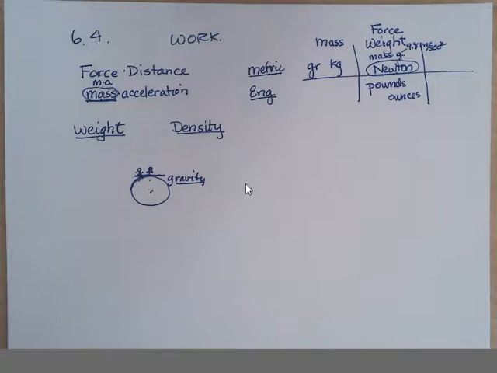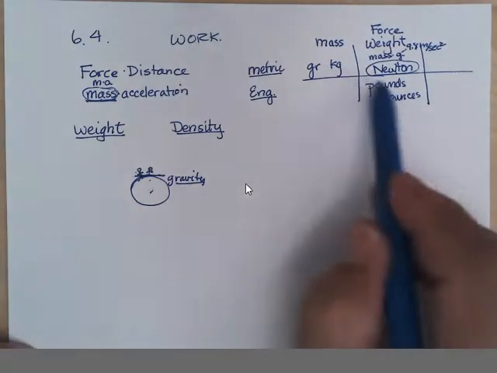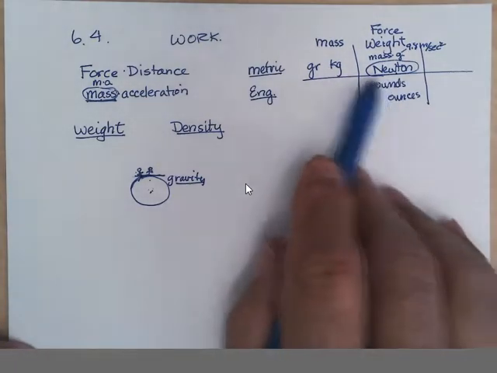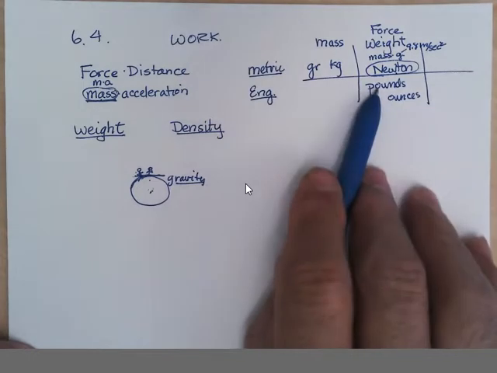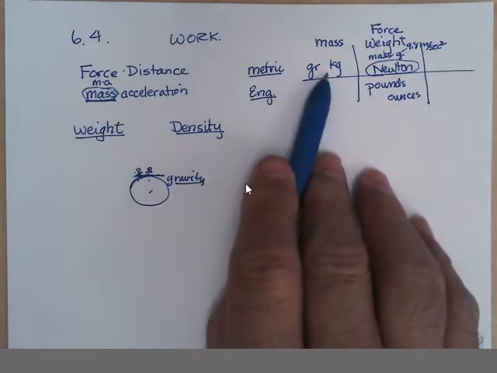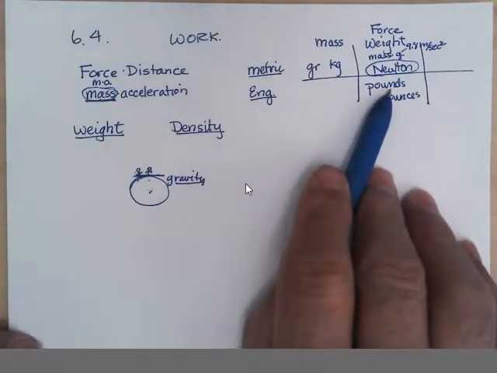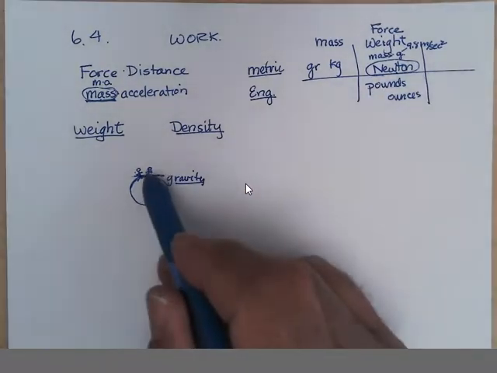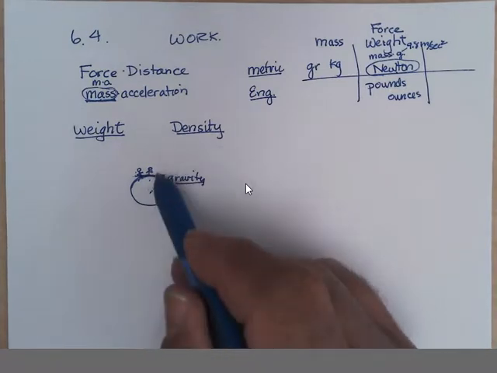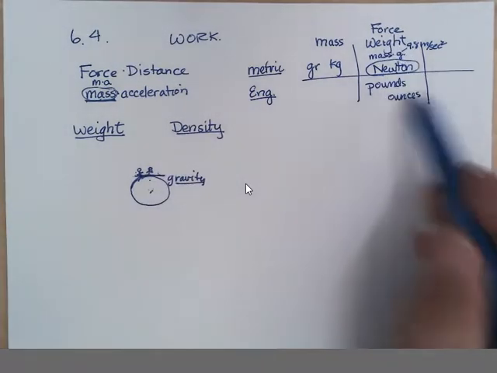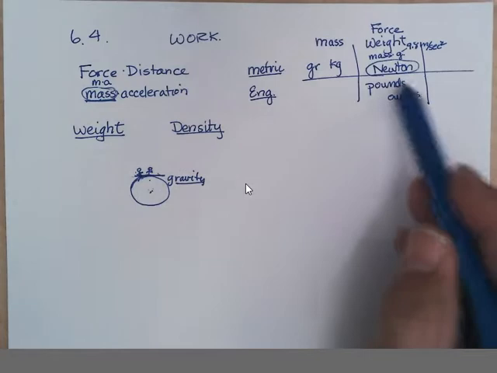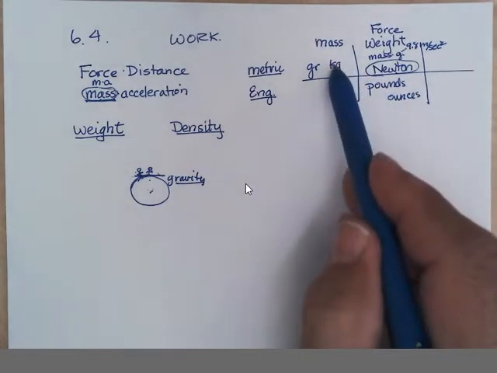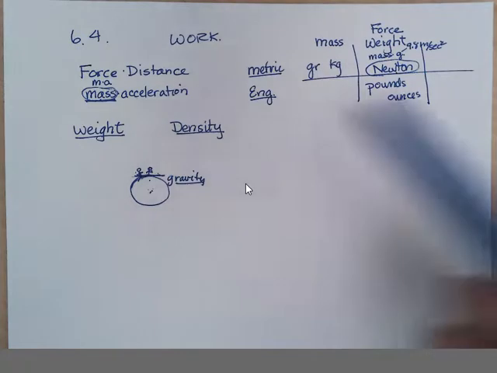Now, why that's important and how these are different: you can get on the scale and it'll say so many pounds, and the scale will say so many kilograms. Now, if you climb up to the top of Everest and stand on that same scale, you're going to be further away from the center of the Earth, and so the force of attraction decreases, and you'll be a different amount of pounds, but the molecules that make you up are the same, and so your mass stays the same.